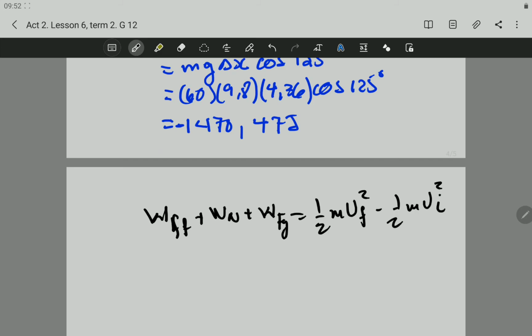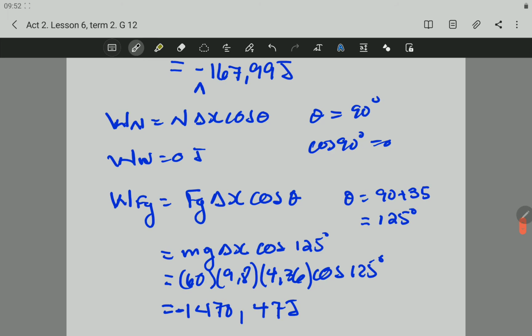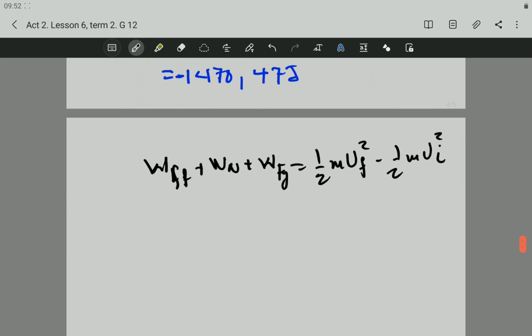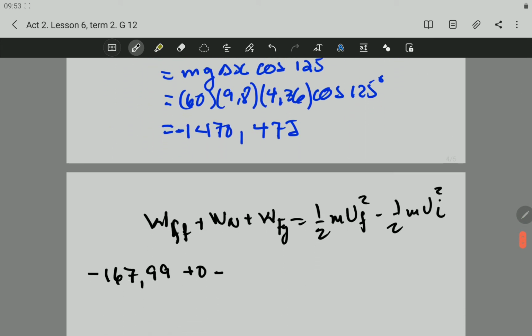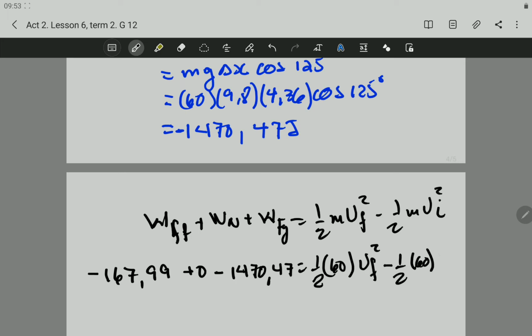So if we substitute, the work done by the frictional force is negative 167,99, plus 0, which is the normal, minus 1470,47, is equal to half multiplied by 60, which is the mass, multiplied by the final speed squared, which is what we are looking for, minus half multiplied by 60 multiplied by 12 to the power 2, which is the initial speed of the object.